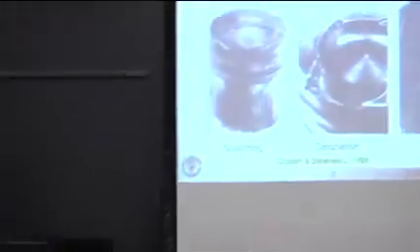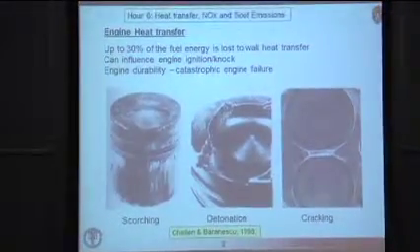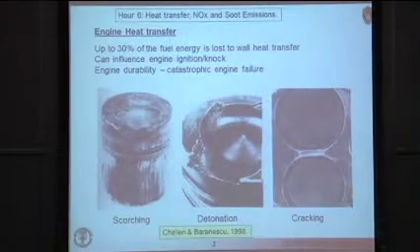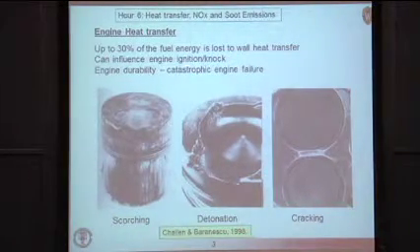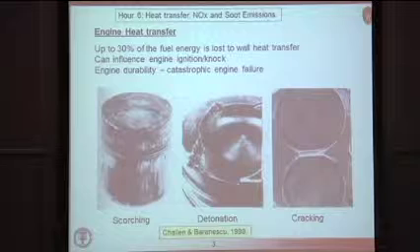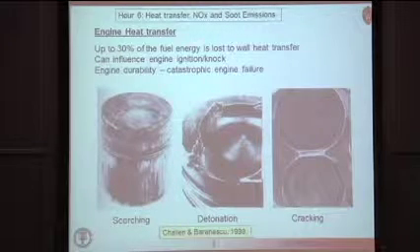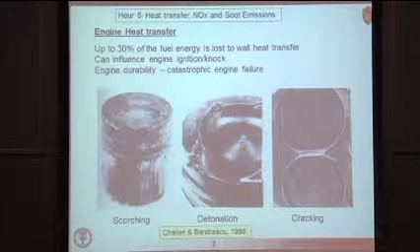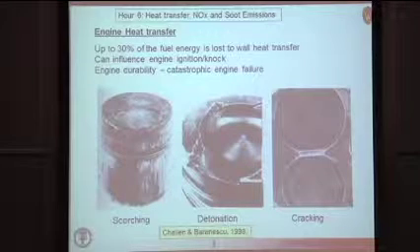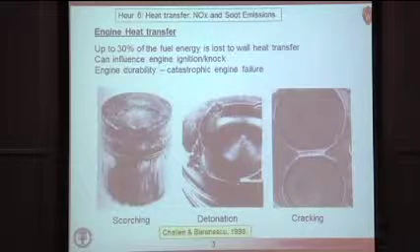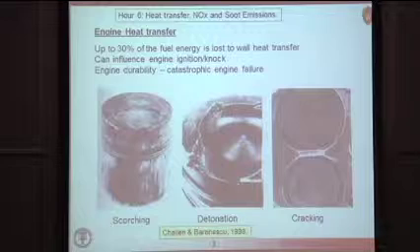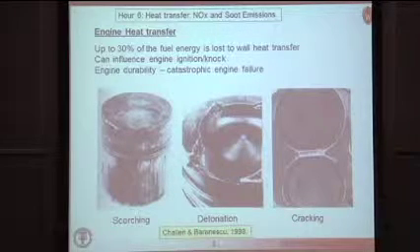So heat transfer is very important. About 30% of the fuel energy in a conventional diesel engine is thrown away to wall heat transfer. But aside from that, heat transfer can be very important because it can control the compression ratio in the engine through the avoidance of knock. Essentially, heat transfer influences ignition, and it can also influence engine durability.